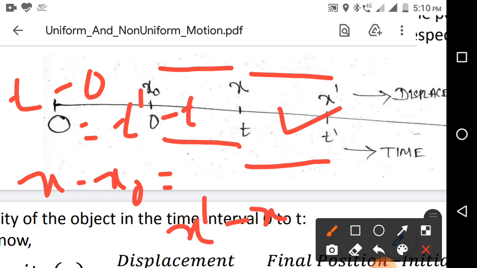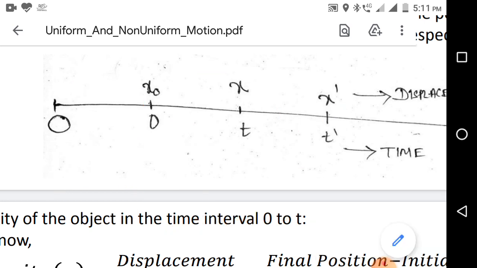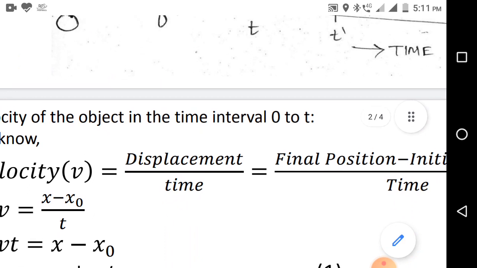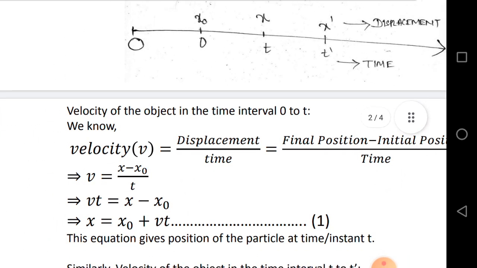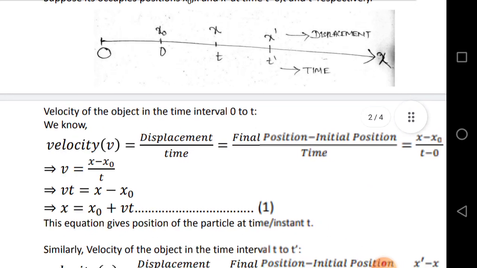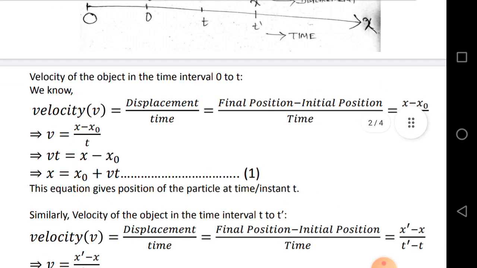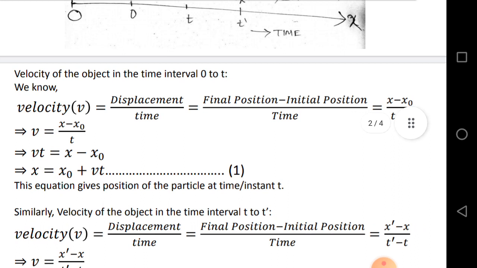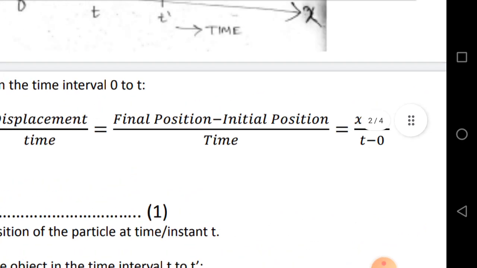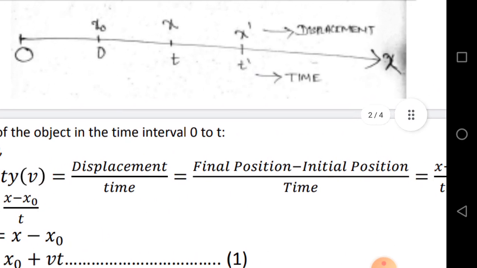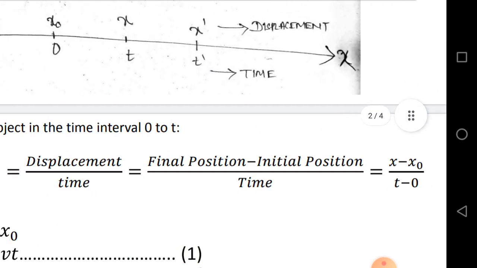Then the velocity of the object in the time interval 0 to t. We know velocity v equals displacement over time, equal to final position minus initial position by time, equal to x minus x0 by t minus 0, because in the interval from 0 to t the final position is x and the initial position is x0.